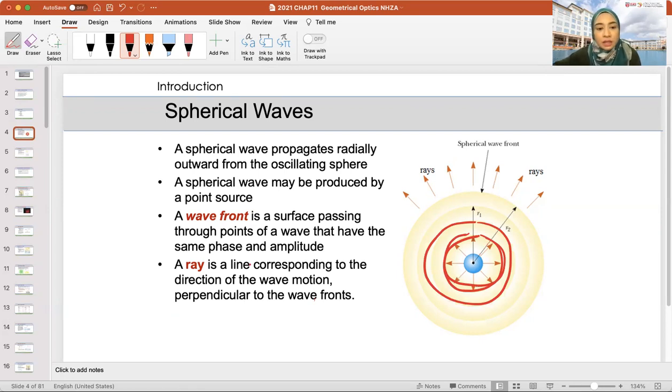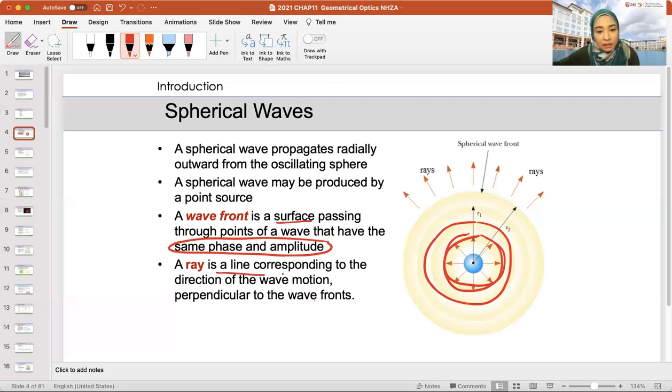So wave front is a surface, same like before, passing through points of a wave that have the same phase and amplitude. Remember, for sound, it was the same intensity. For light, if you have the same distance, you would have the same phase and amplitude, and that ray will travel through the wave front.